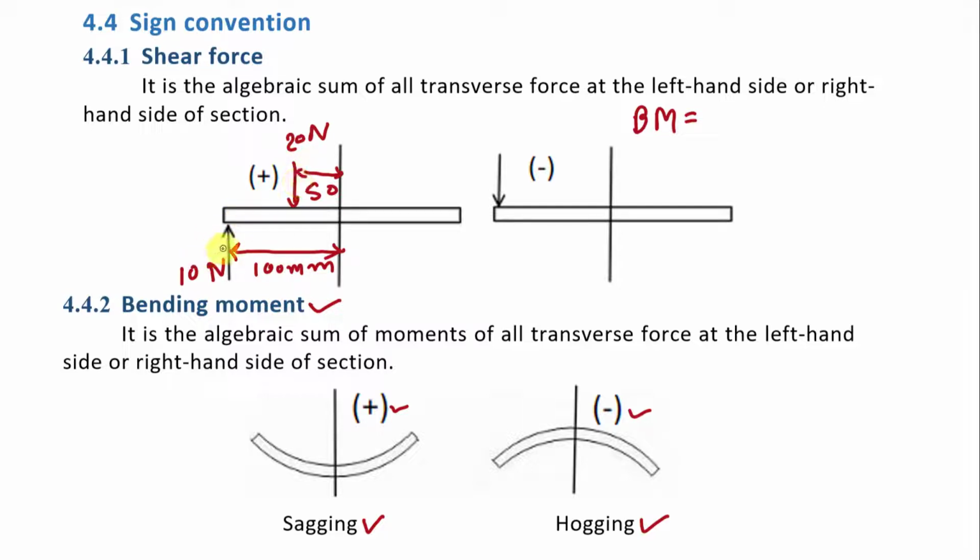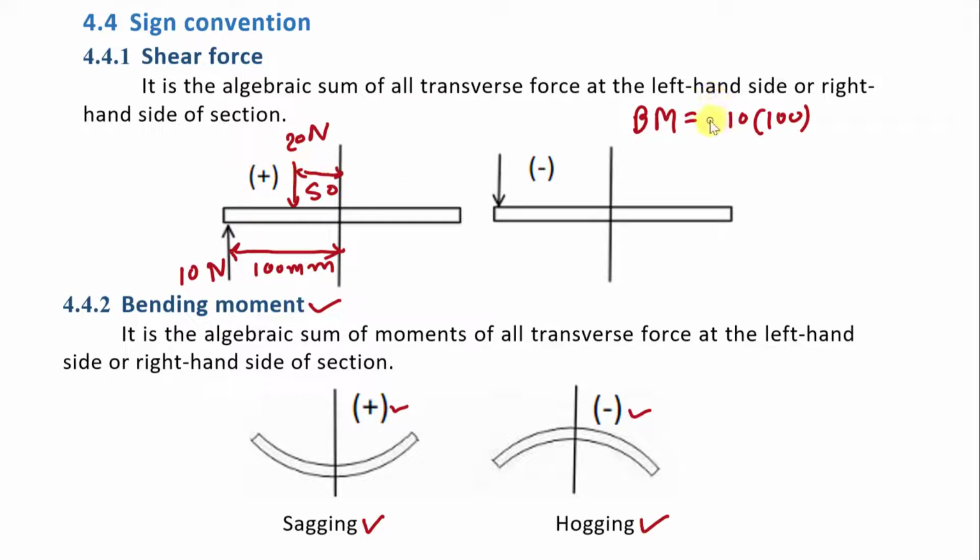So what will be the bending moment due to this load? It will be load into distance. Here the value of load is 10 and the distance is 100 mm. So it will be 10 into 100. And what will be the sign of this bending moment? Understand carefully that this load is in the upward direction and we take it positive when it is in the upward direction at the left hand side of the section.